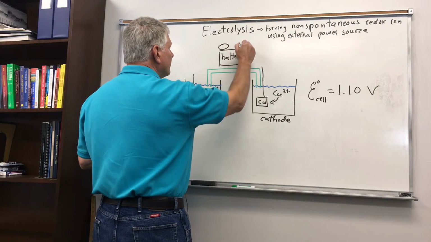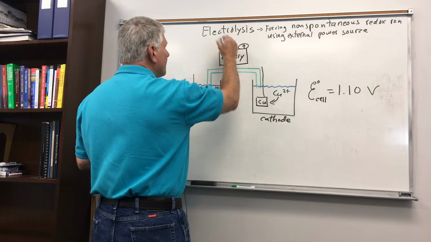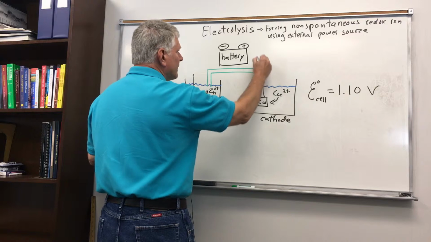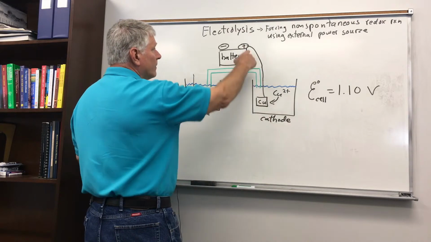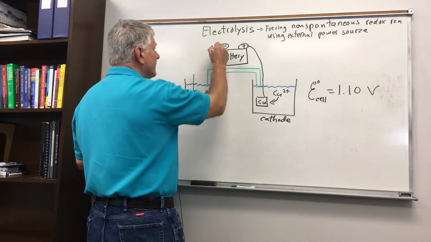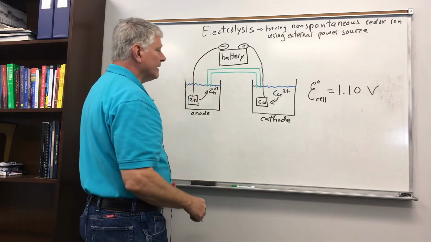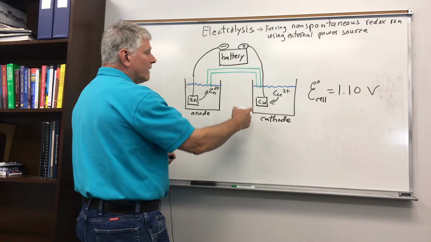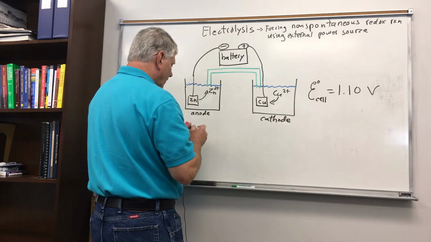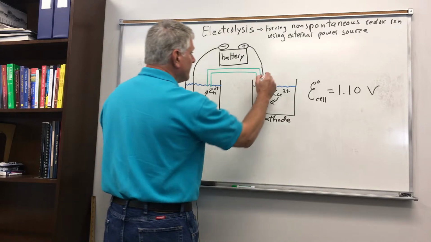So say we have a battery, and if we connect the cathode to the positive end and what used to be the anode to the negative end, now we'll force electrons to flow in the opposite direction.